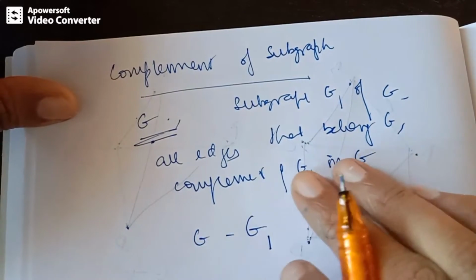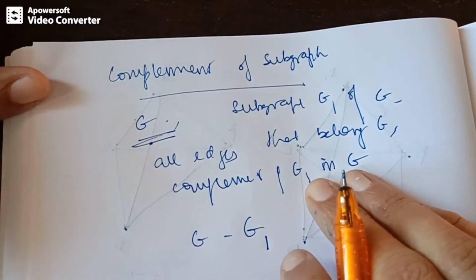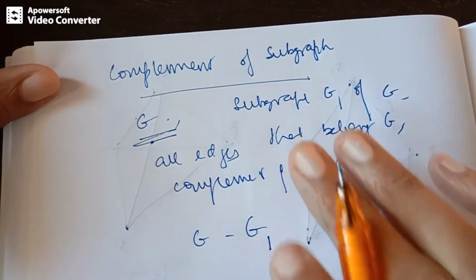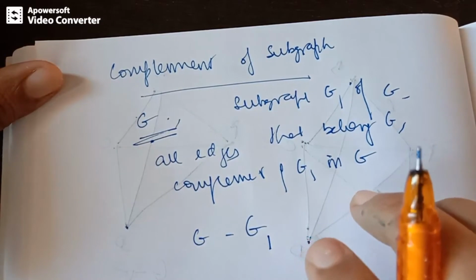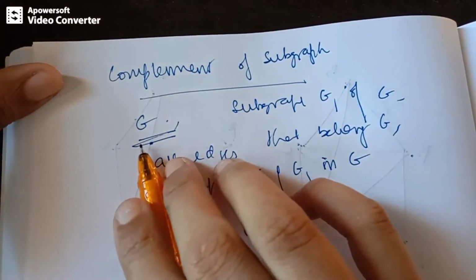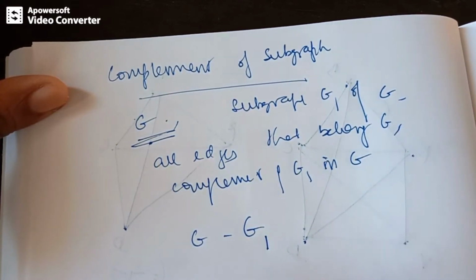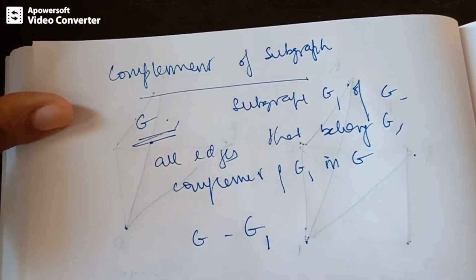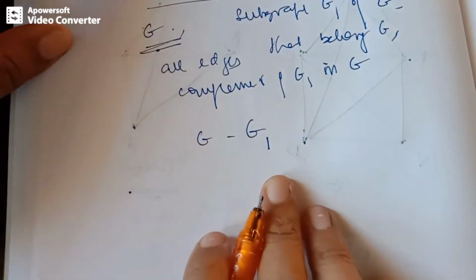So what we are going to do in this complement of a subgraph is we are going to get a subgraph, and that subgraph is nothing but you are deleting from the original graph all the edges which are there in your subgraph G1. So that forms the complement of G1, and it is denoted by G minus G1.